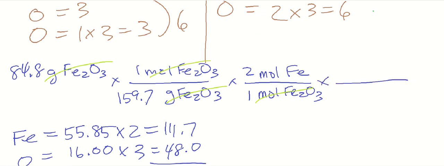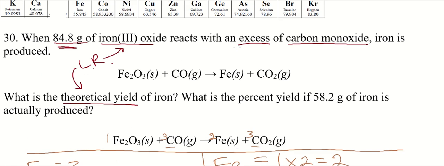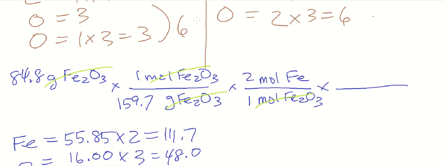Our final step is to convert to the desired unit, because now we have the desired substance. But what is the question asking? What is a theoretical yield? It doesn't specify, but I can see ahead that we're going to need grams anyway to do the percent yield, so let's just do that.